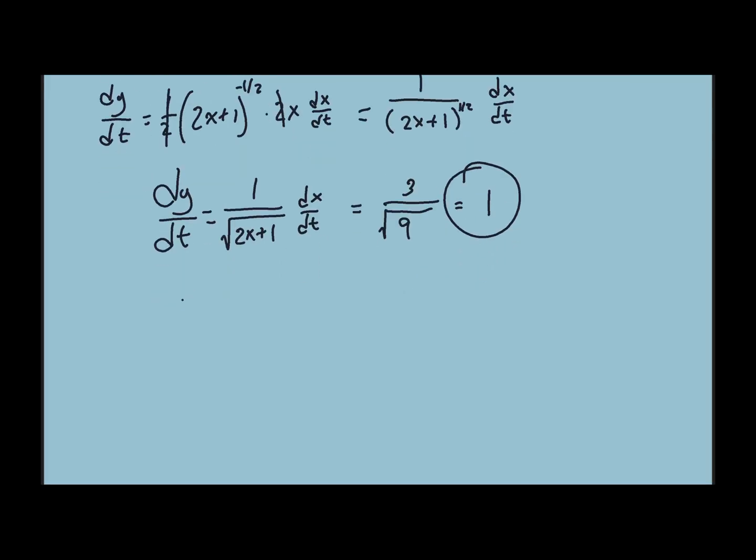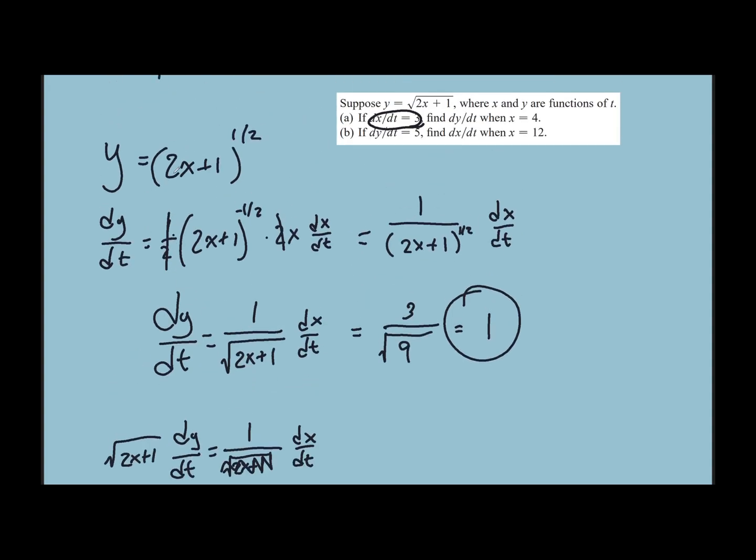And if we say it again, dy/dt equals 1 over the square root of 2x + 1 times dx/dt, we can multiply that up. We'll put the square root of 2x + 1 over here instead, and we can solve for dx/dt.